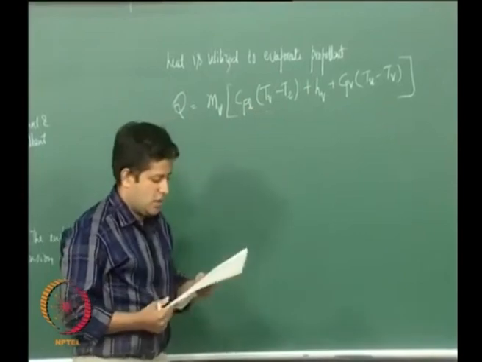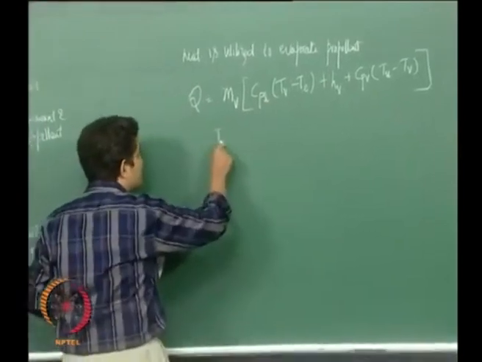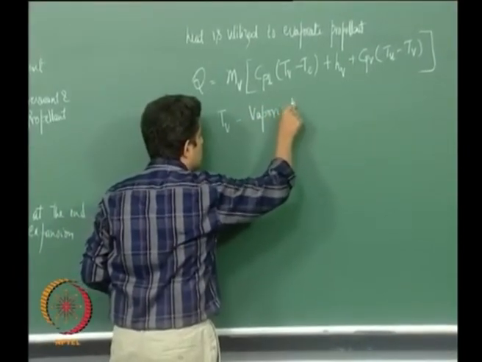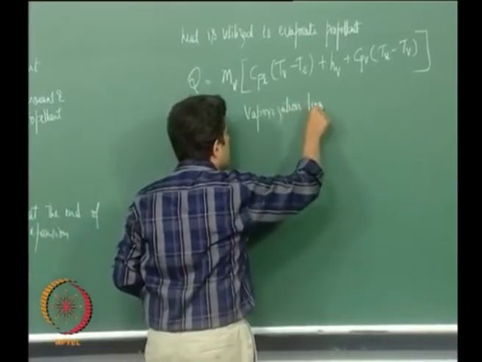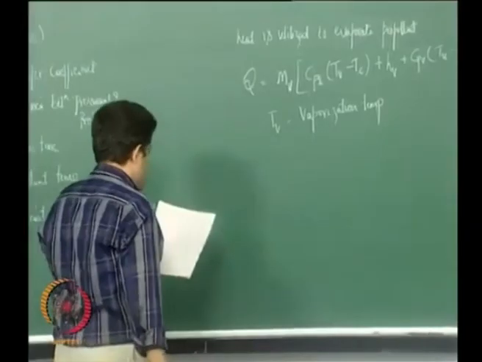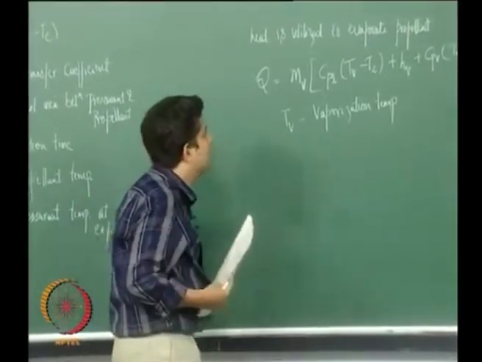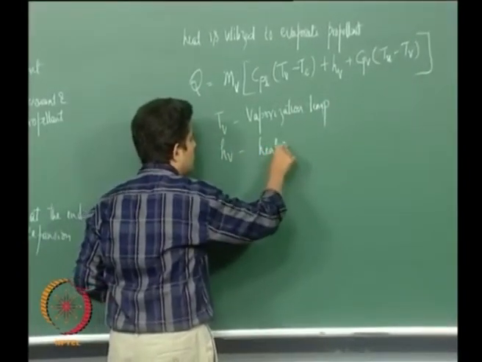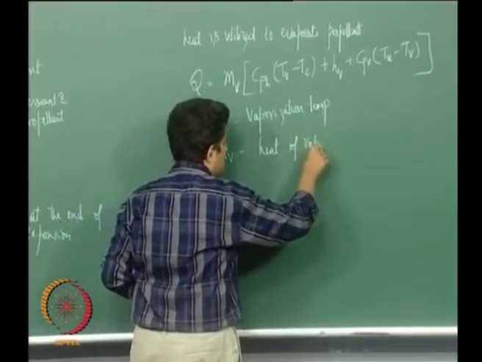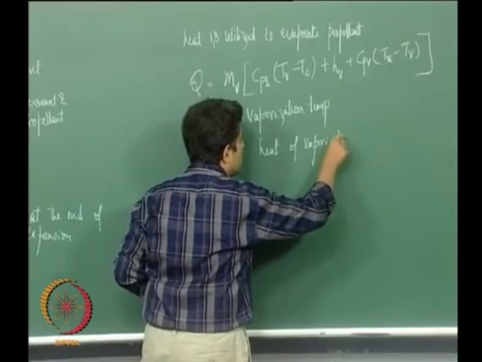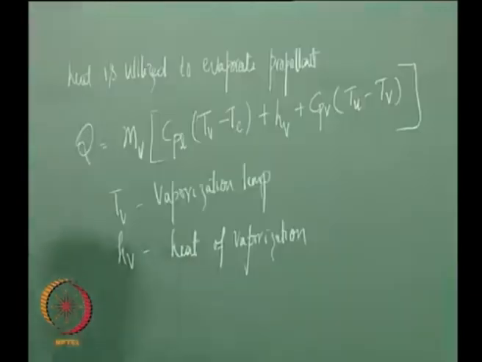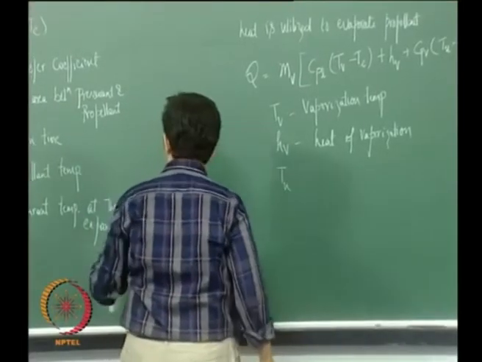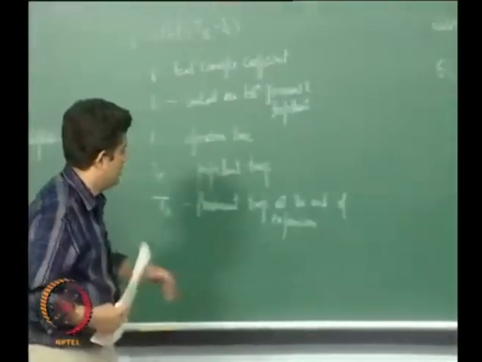So this is the vaporization temperature, then TE is the temperature of the propellant, HV is the heat of vaporization, then TU is the temperature of the pressurant.